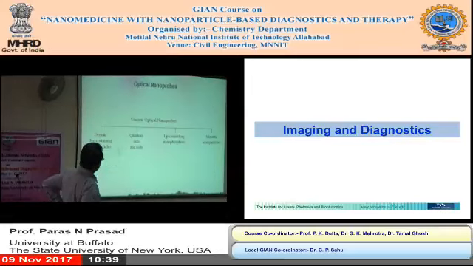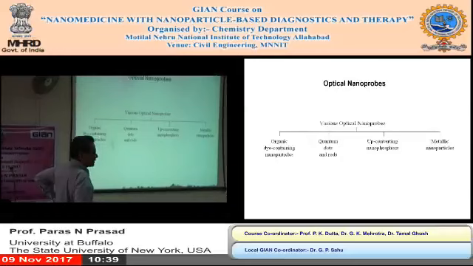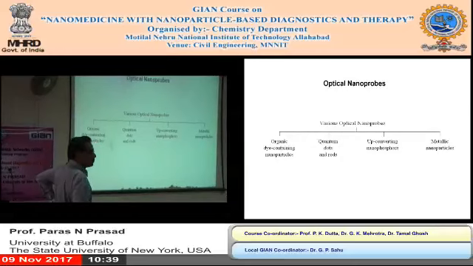An optical probe, either you can use organic dye filled in a nanoparticle, you can use quantum dots, the up-converting nanoparticles I talked about. You can also use metallic nanoparticles because they absorb strongly, and they also scatter light strongly.